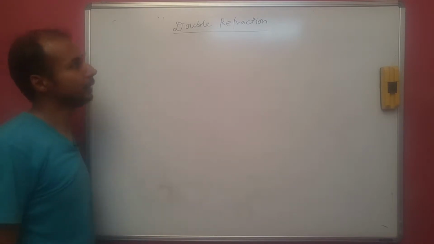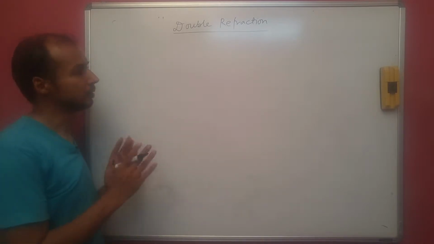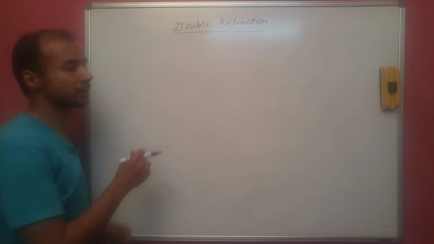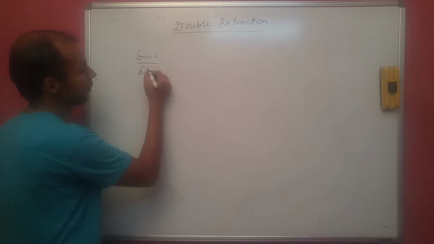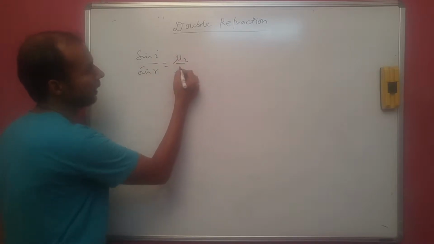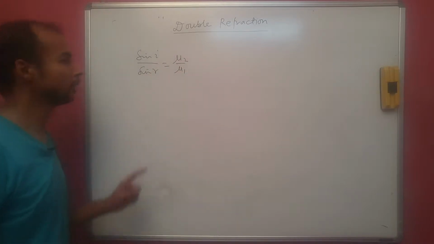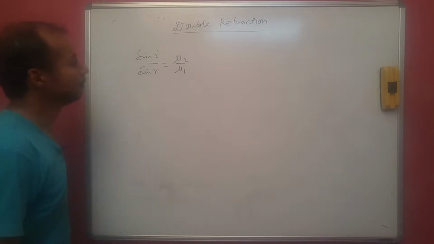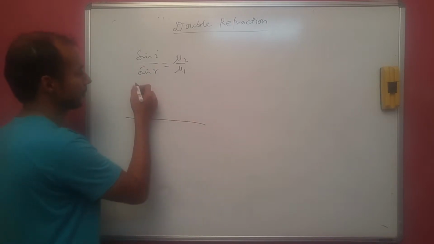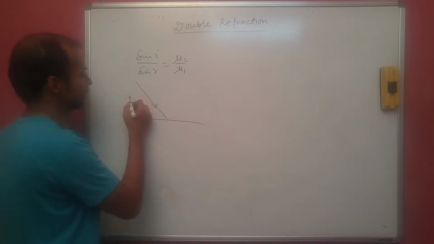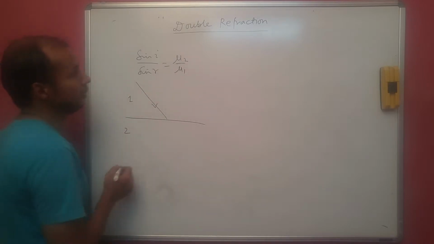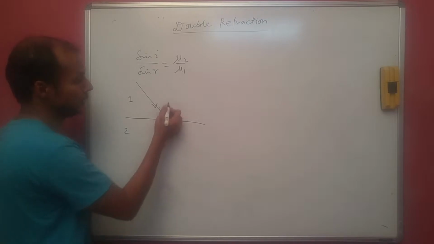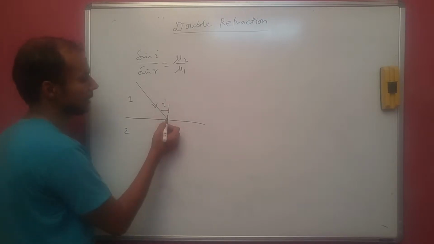We have already understood what Snell's law of refraction is, which is sine I by sine R is mu2 by mu1. Light is going from medium 1 to medium 2. Mu1 is the refractive index of medium 1, mu2 is the refractive index of medium 2, and this is the angle of incidence.